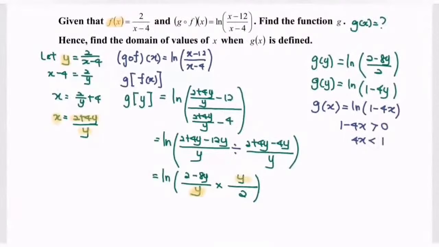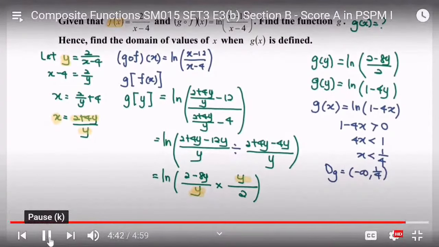So finally, x is less than 1 over 4. So the domain for g inverse will be equals to negative infinity until 1 over 4, where 1 over 4 is not included. Okay, so sebagai maklumat tambahan, kalau nak buat graf ya, 1 over 4 adalah you punya asymptote.